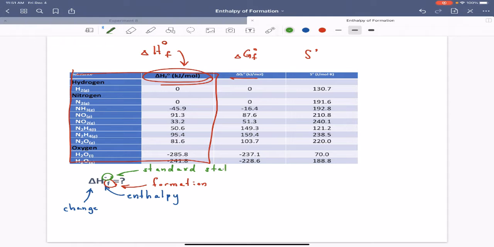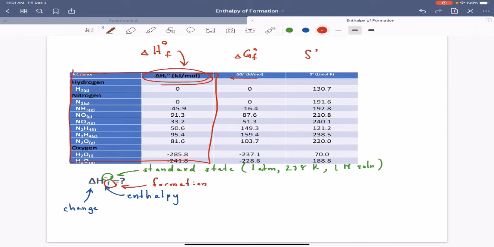What is standard state? That's just where we live, at 1 atmosphere of pressure and about 298 Kelvin, which is room temperature. And if we had a concentration of a solution, it would be a 1 molar solution, if it wasn't pure, if it was mixed with water.